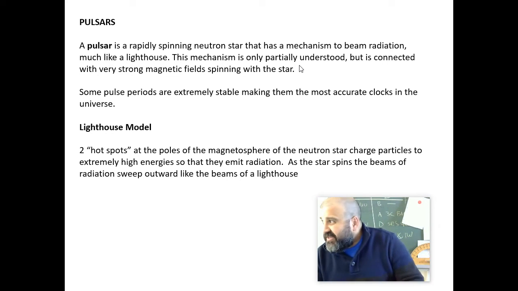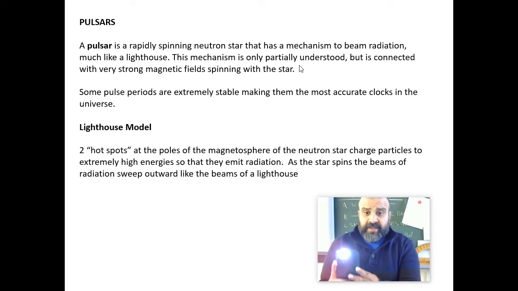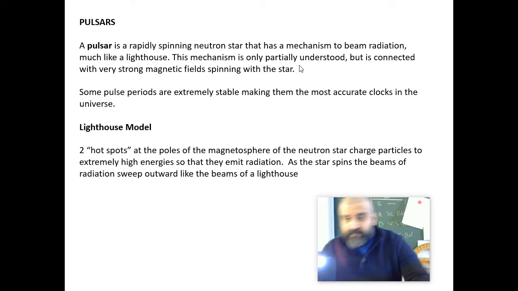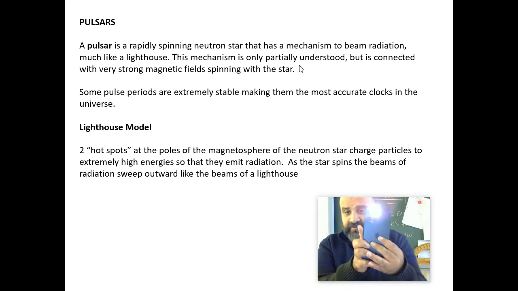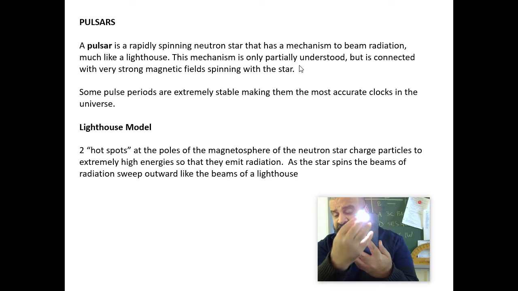I'm just trying to think of ways to illustrate this. It's not that easy. Let me turn on my flashlight. Okay. So my phone represents a neutron star. It's not a great representation, but there's a beam of radiation coming out of the pole of the neutron star.